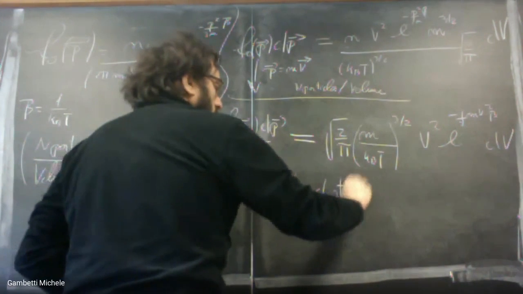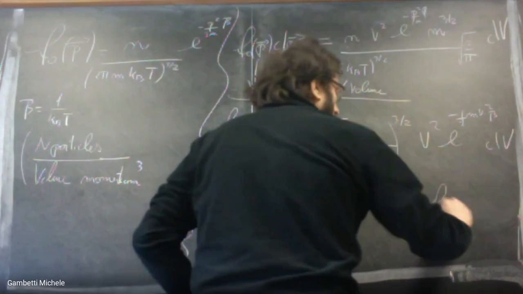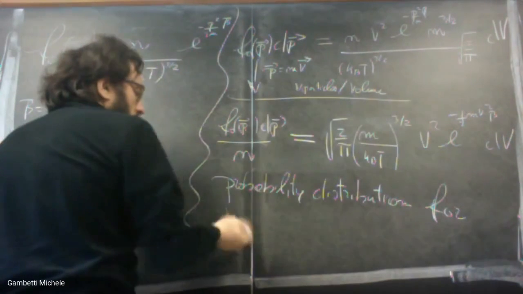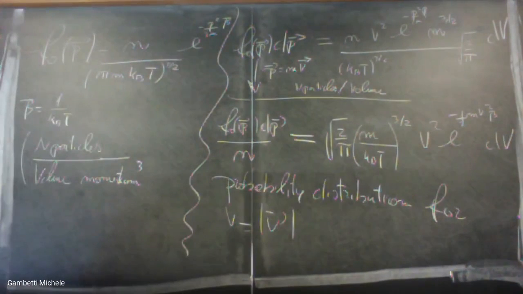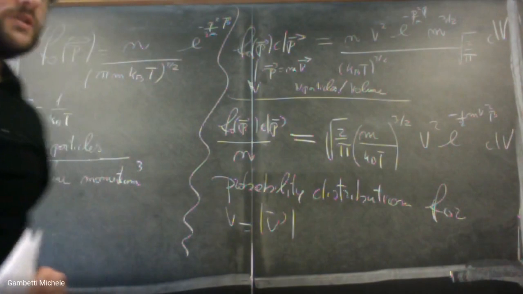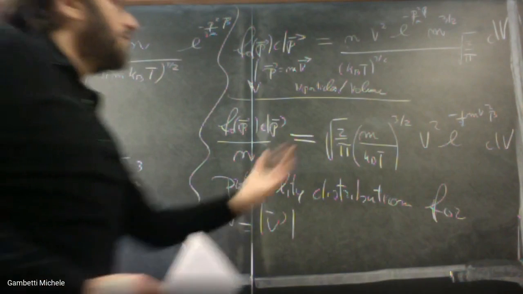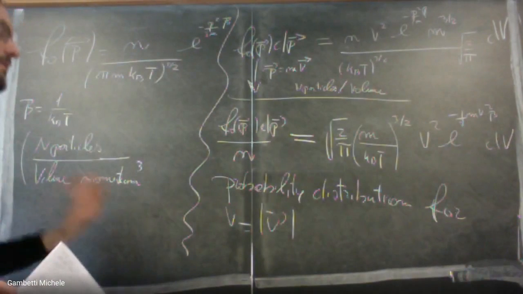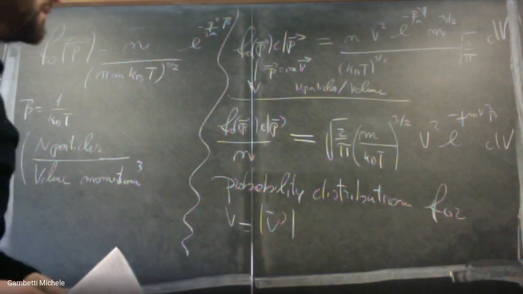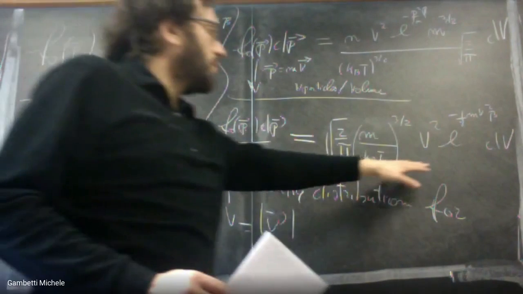Okay, so now this should be the probability distribution for v, which is, of course, the modulus of the velocity. So if you ask yourself, which is the probability that a particle has a certain value of velocity, between v and v plus dv, then this probability density function is this quantity here.